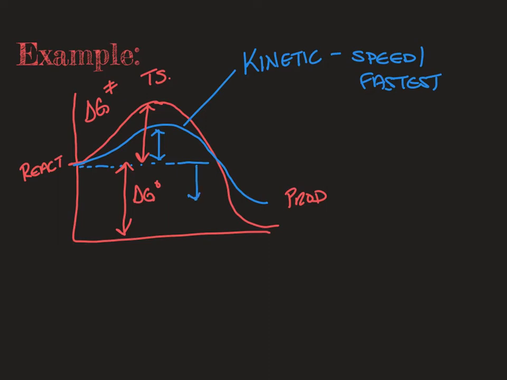And that just means the product is going to be more stable. Stability of your product has to do with thermodynamics. So the red curve is your thermodynamic controlled option, and this has to do with stability.